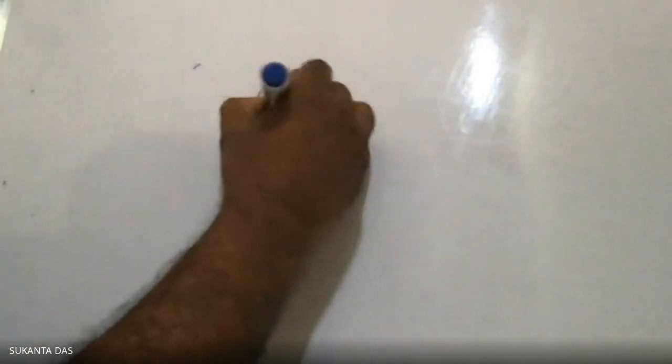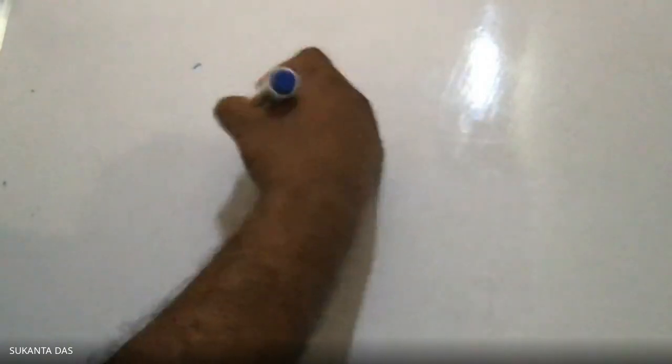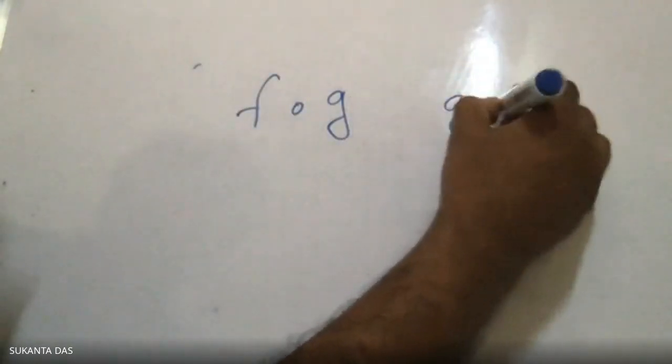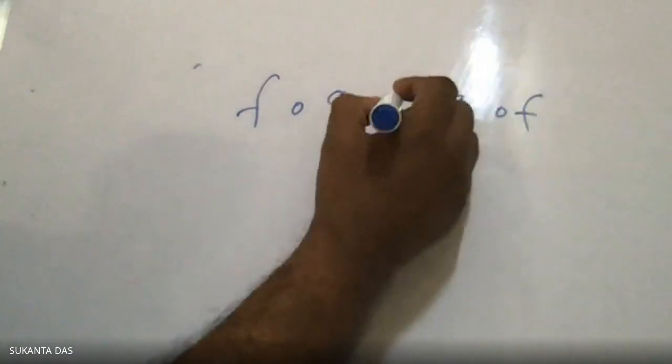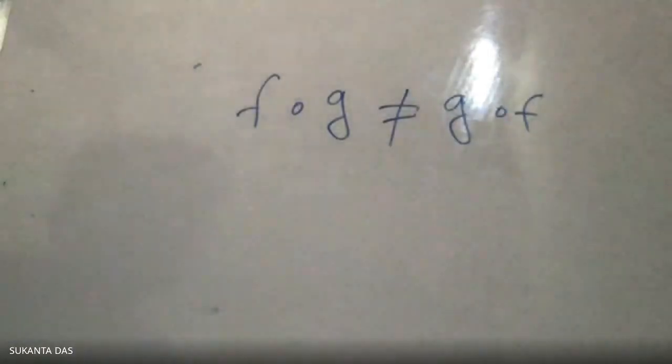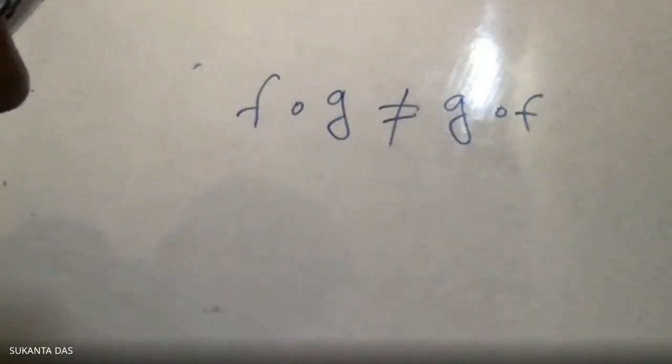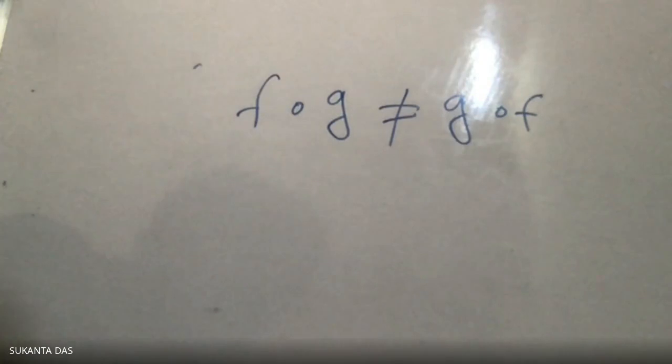You have said f compose g and g compose f are not always the same. Not always, yes. If in case they are equal, then is an inverse possible? Whether an inverse is possible depends on whether it's bijective or not. This is the only condition. If they're the same, then you have to test whether it's bijective or not. Okay. Thank you, sir.